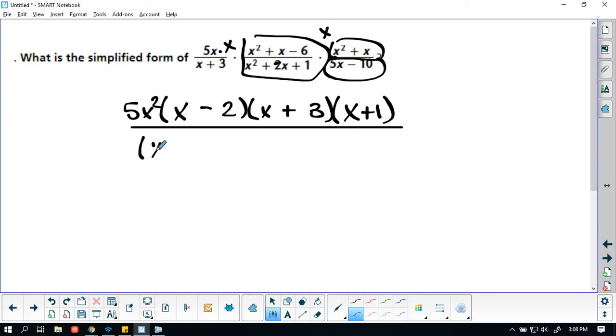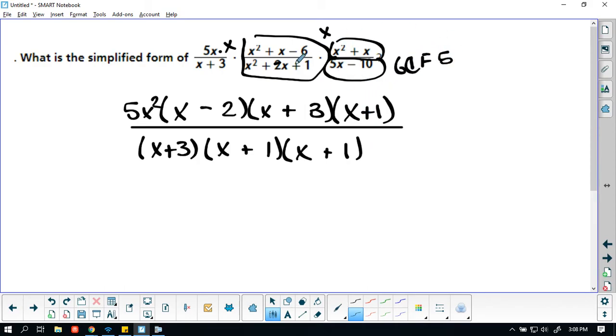Okay, now we start with x plus 3. Factor the denominator. 2 values to give me 1 is just 1 and 1 because it's prime. And it's positive, so both of these are positive. And then this one again has a greatest common factor of 5. That's going to be moved to the front here, and we're left with x minus 2.